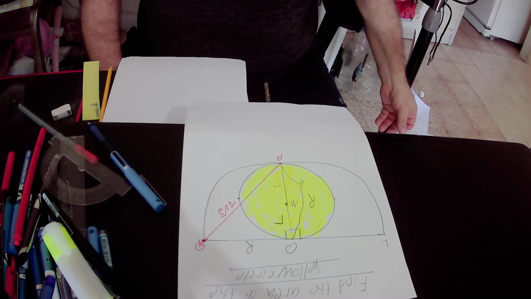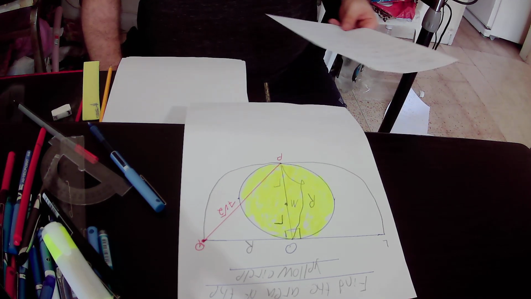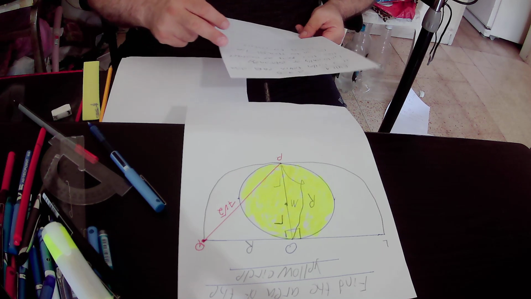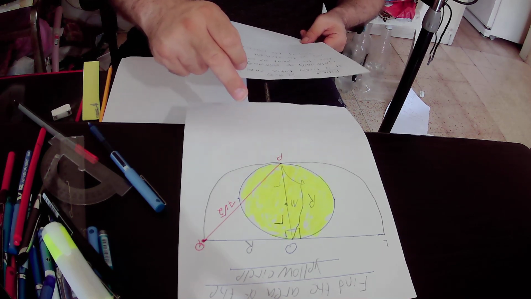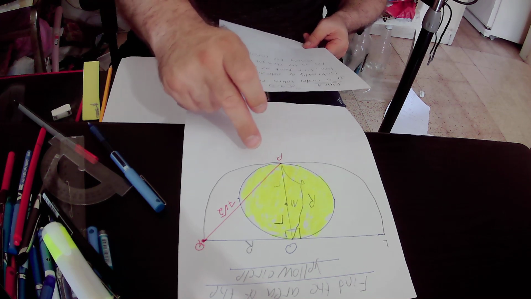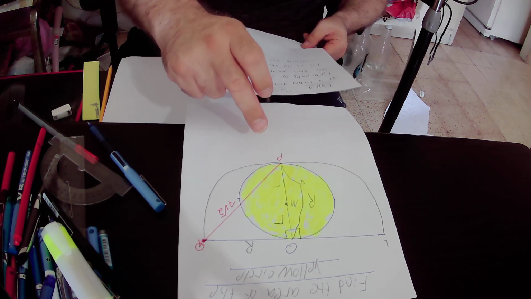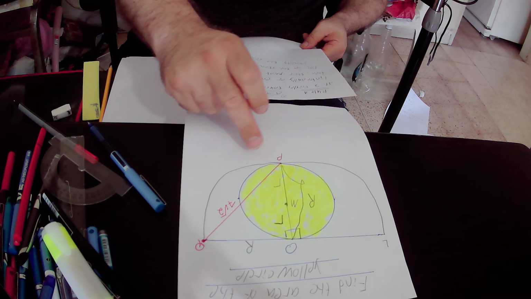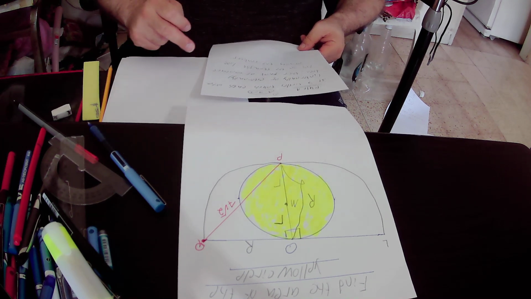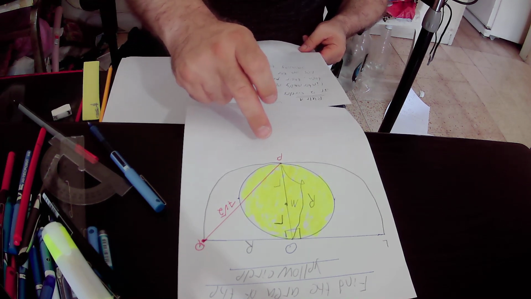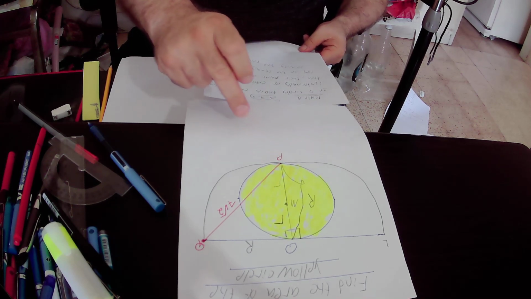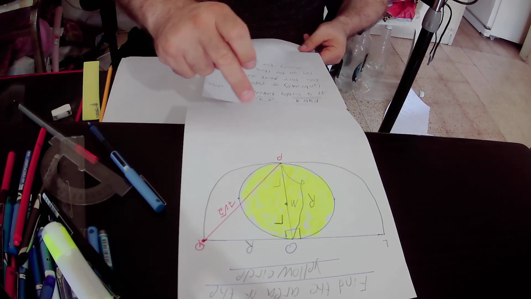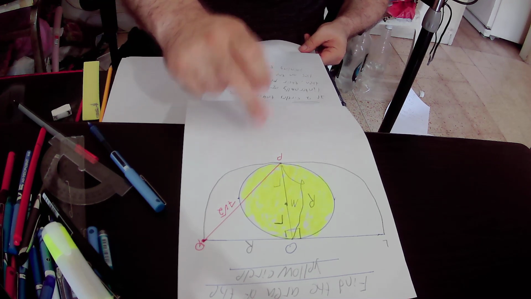Okay, so I will repeat again. If two circles touch each other internally or externally, in our example the yellow circle touches the semicircle internally, then their point of contact, that is to say point P, lies on the straight line joining the centers.